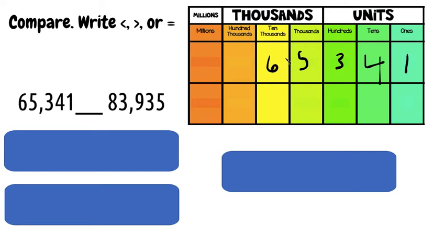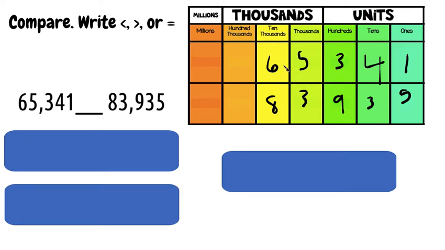So then I compare, do I have the same number, 65 in the thousands period and 341 in the ones period or the unit period? I do. So I'm going to use that as a reference because it looks like these two numbers are the exact same length, and I have 83,935. So if that tip helps you convert or change your numbers into your place value chart by starting in the ones place and moving to the left, try that tip.